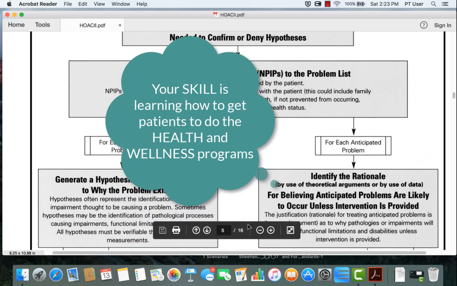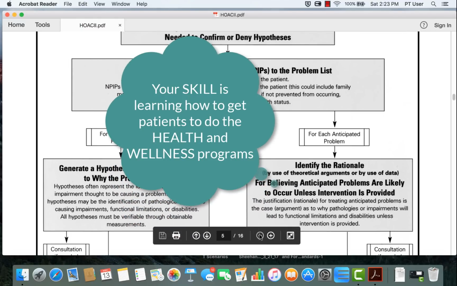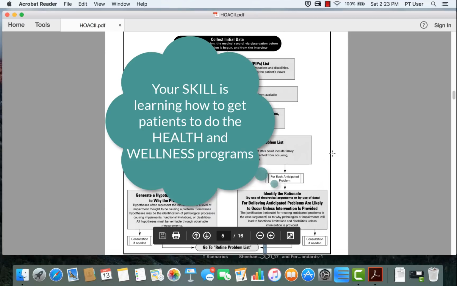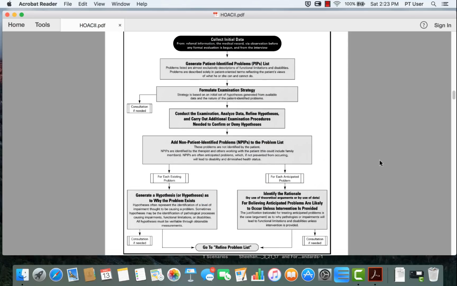I'm going to make this page viewable. Oops. All right. So our first page essentially takes us through three aspects of patient-client management.